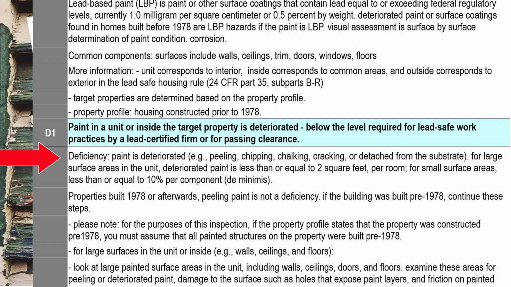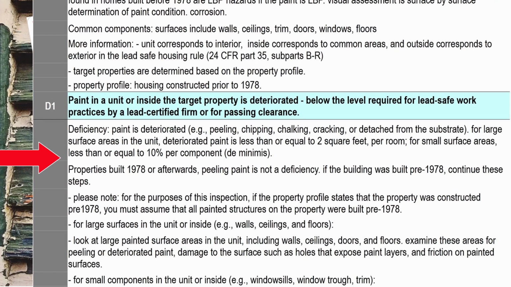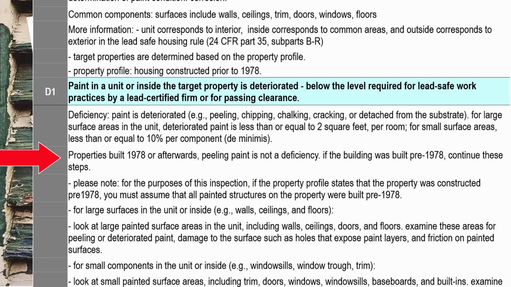Deteriorated paint is less than or equal to 2 square feet per room. For small surfaces, it's less than or equal to 10% per component, like molding or window frames. De minimis. Properties built 1978 or afterwards, peeling paint is not a deficiency, at least under this standard.